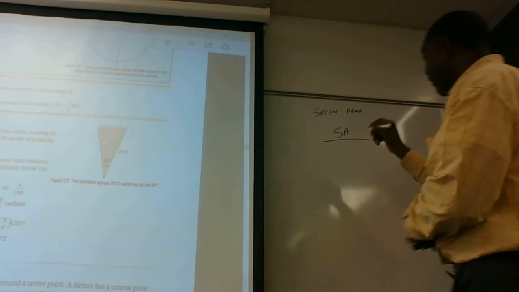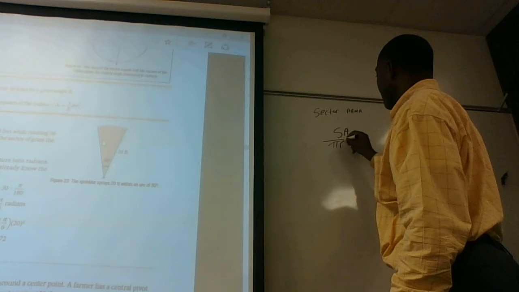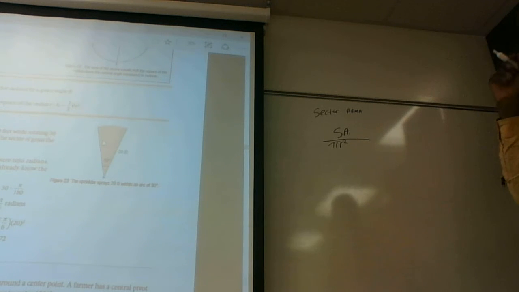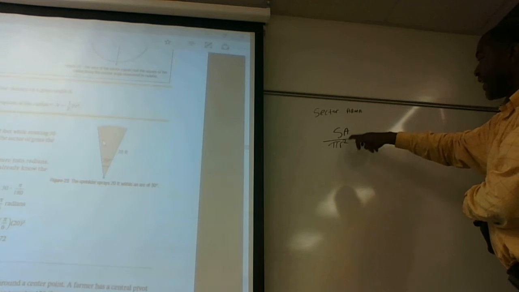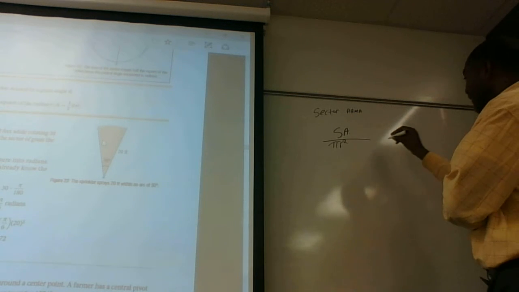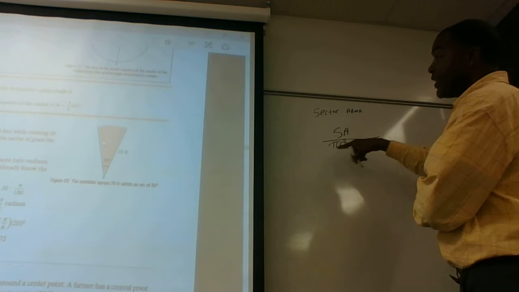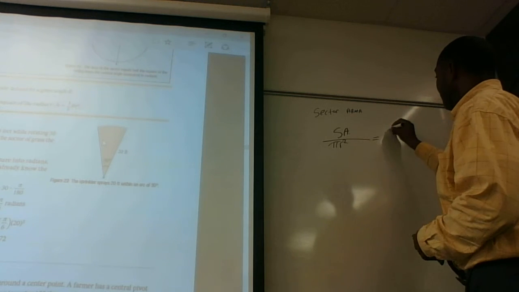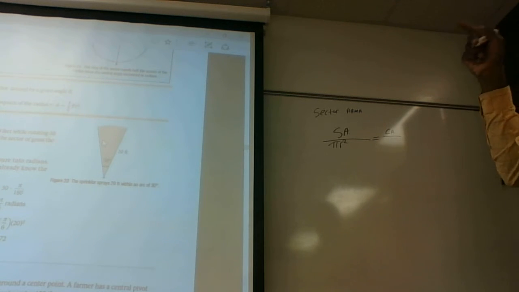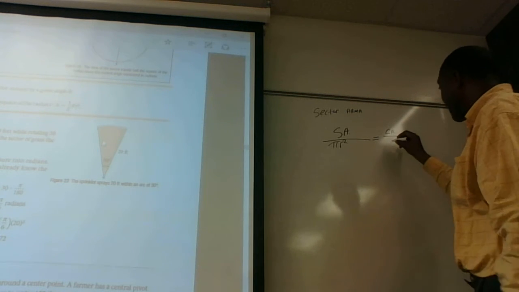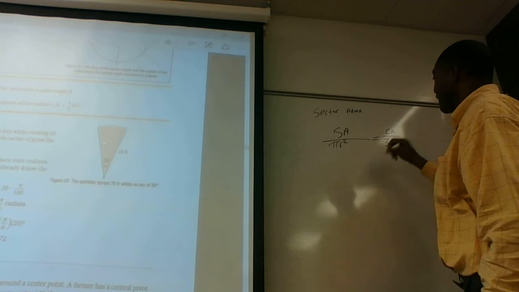It's not 2 pi r, it's pi r squared. So the ratio of the sector area over the total area is equal to my central angle, which is 30 degrees over, again, how many degrees in any circle, no matter how big or how small, 360 degrees.